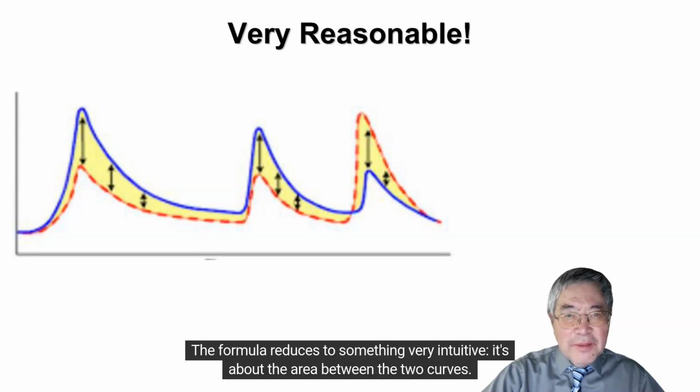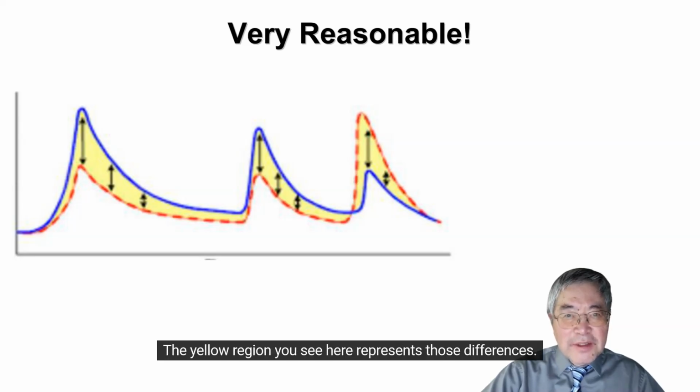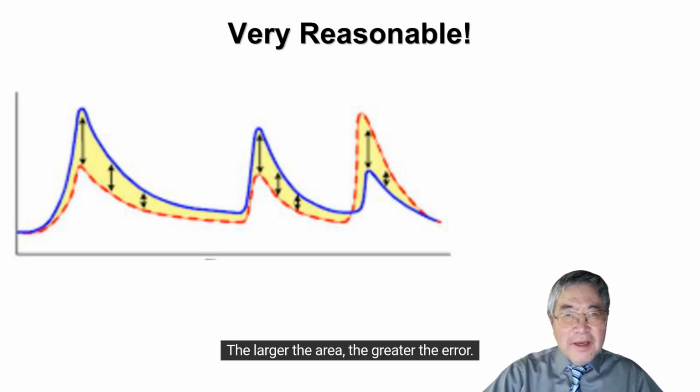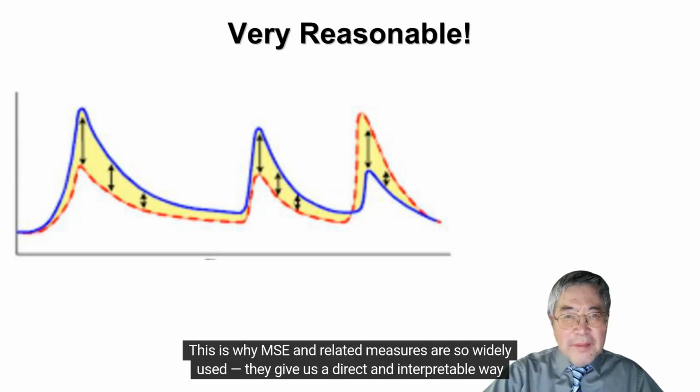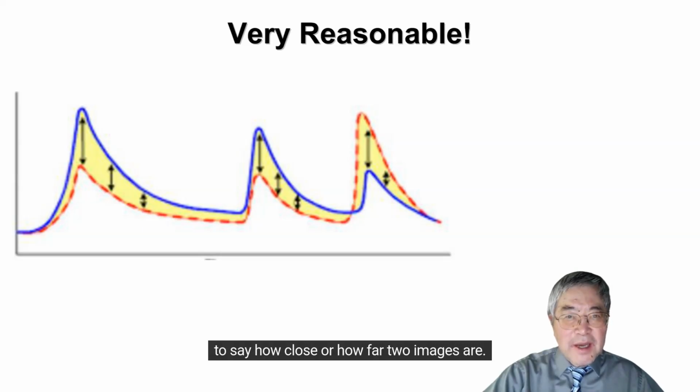It's about the area between the two curves. The yellow region you see here represents those differences. The larger the area, the greater the error. This is why MSE and related measures are so widely used. They give us a direct and interpretable way to say how close or how far two images are. It's simple, mathematically neat, and visually intuitive.